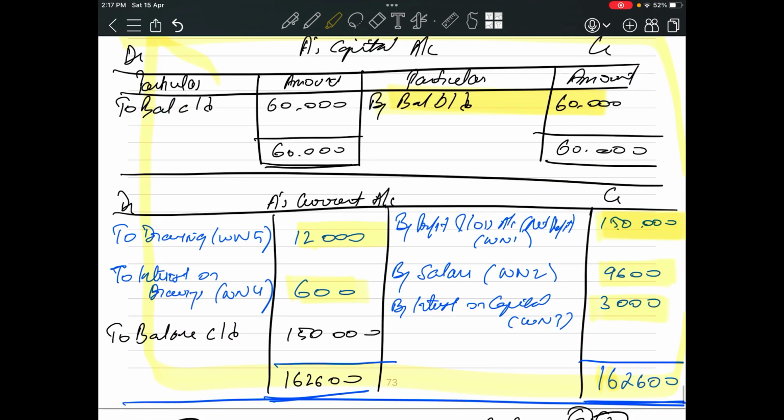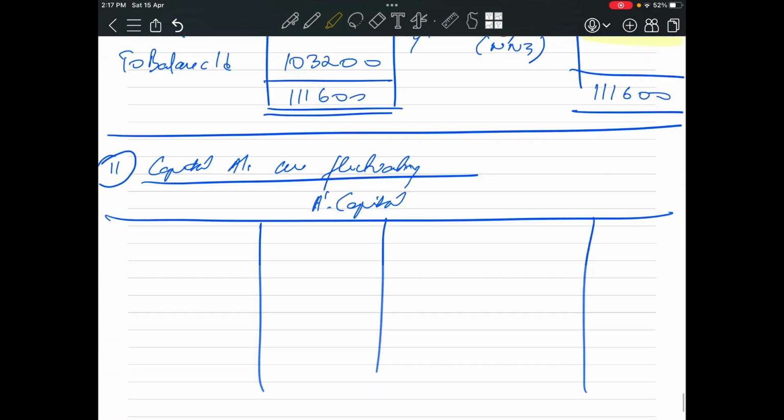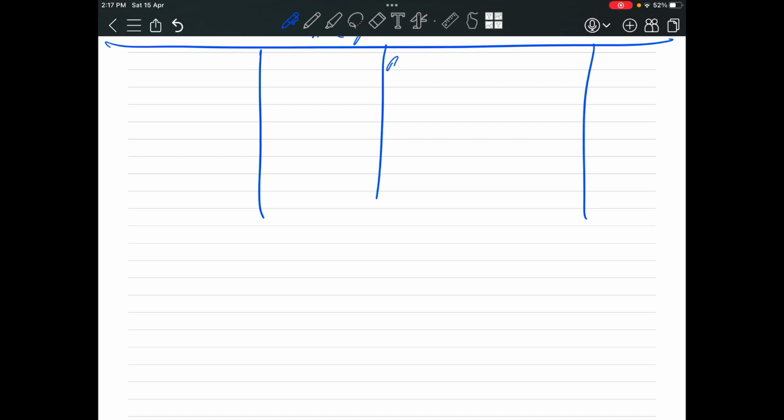Now see, what was the balance of the capital account? 60,000. So you write by balance B/D 60,000. And he got profit, how much? 1,50,000. By salaries 9,600.